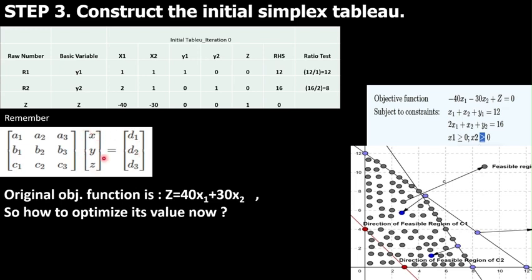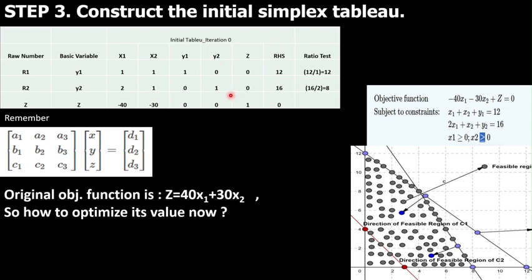In simplex, the only change is to have the vector of variables on top of the matrix. So we have the coefficients matrix at the bottom. On top of it is the vector of variables, and then the right-hand side in the normal way to the right.